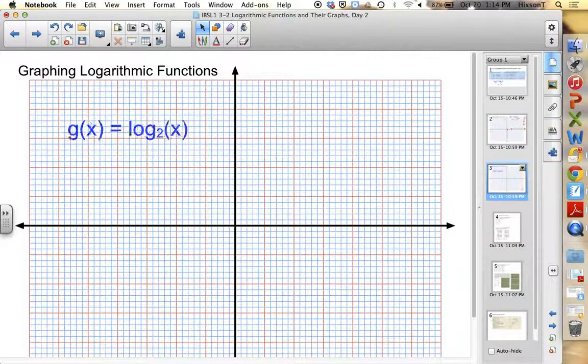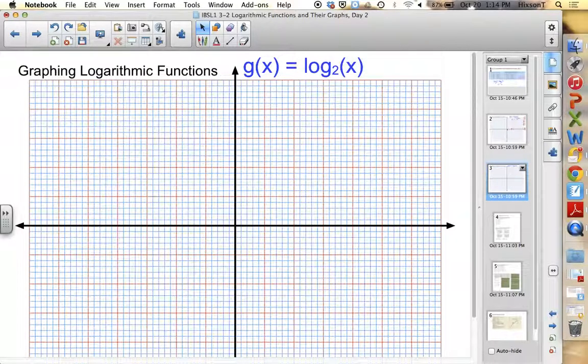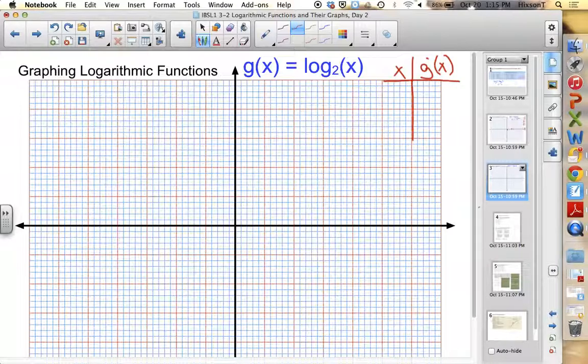Find some points to graph this one, okay? This one, we have a base of 2, so you'll get a little bit smaller numbers. Let's find a couple of points. Someone give me one point. 2 comma 1.